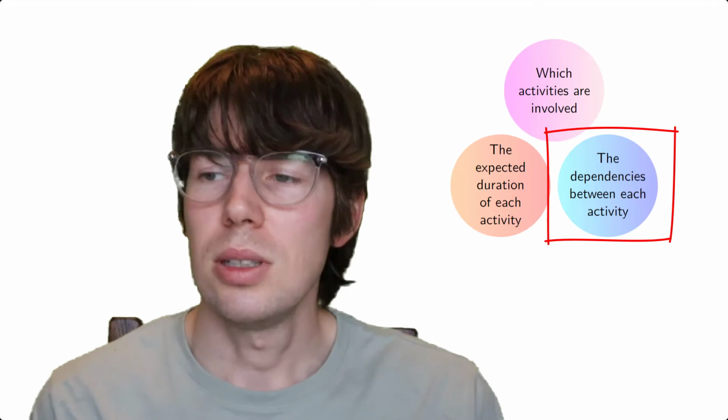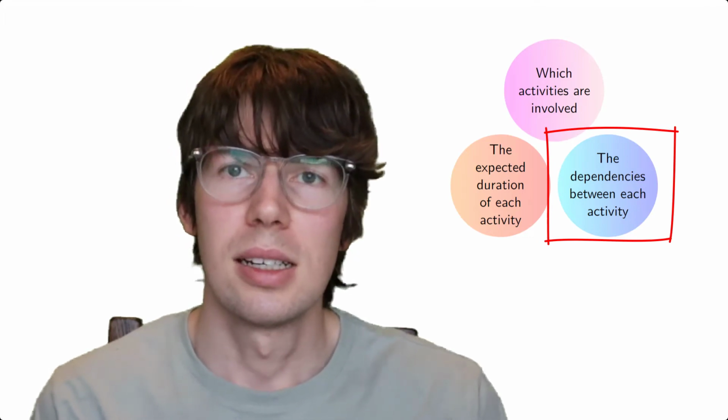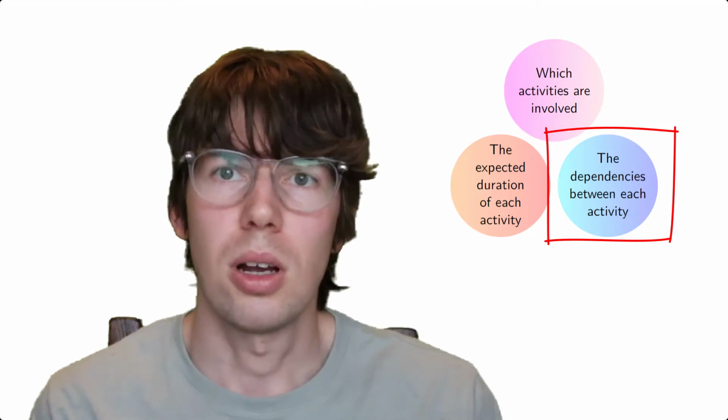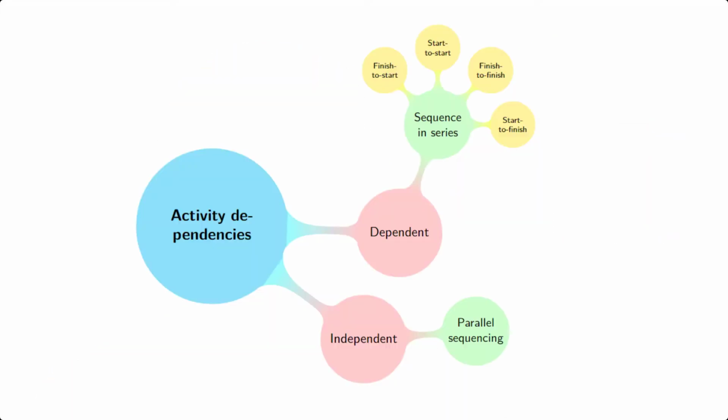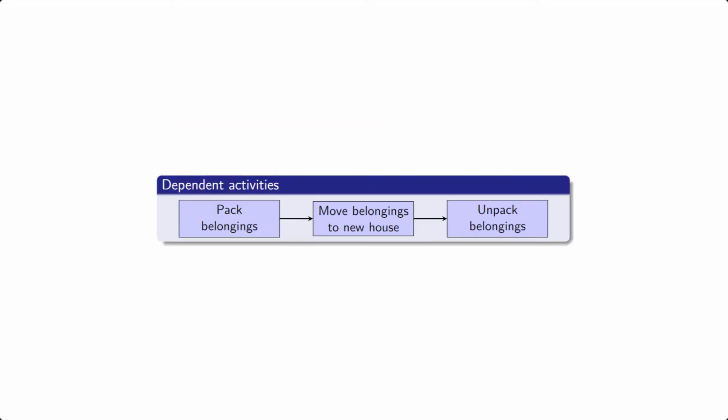And finally, you need to know the dependency between each of the activities. To find that, you usually just apply your common sense. Activities are either independent or dependent. If the activities are independent, you can put them in parallel, like this. But if they are dependent, then you need to put them in a sequence, which could look like this.